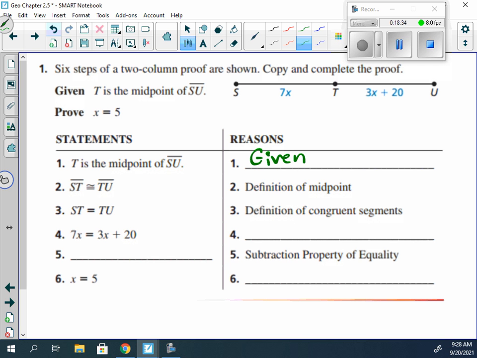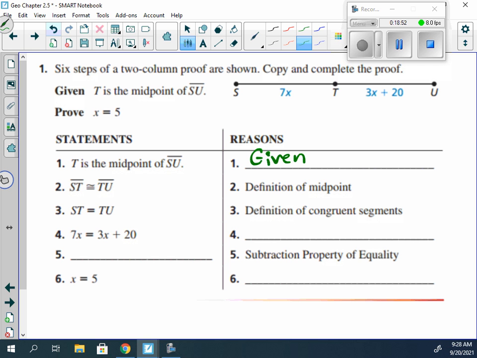Now, if T is a midpoint, what do we know about midpoints? They bisect a line into 2 segments that are congruent.